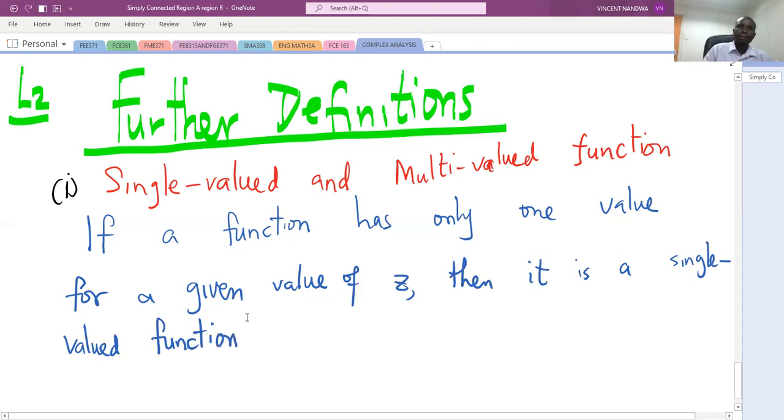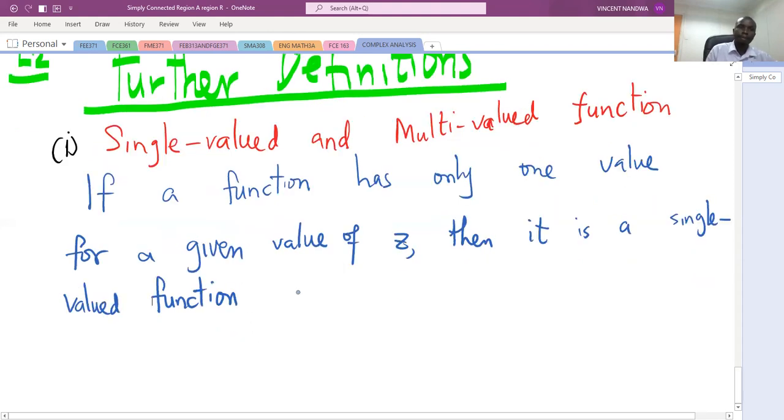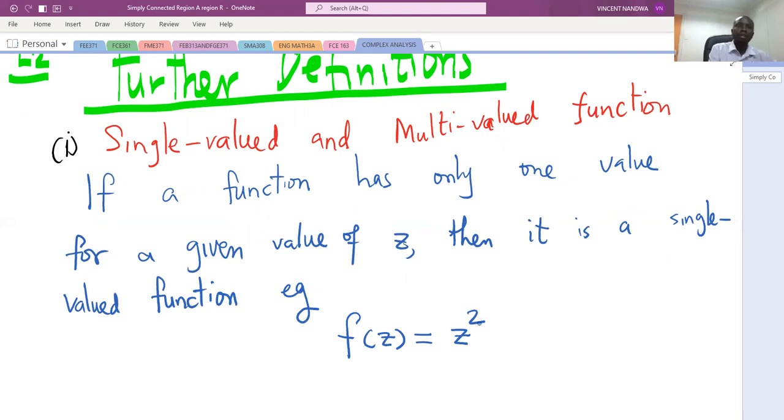For example, if we have a function f of z given by z squared, any value of z you put in this function, you just get a single value. So that's what defines a single valued function.